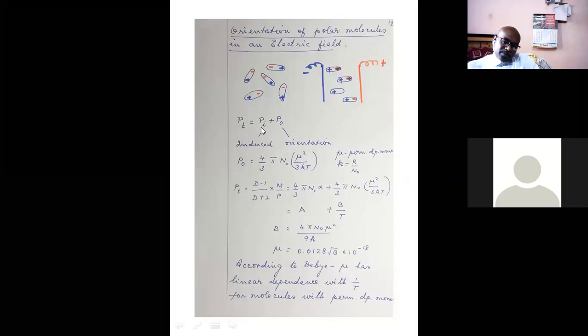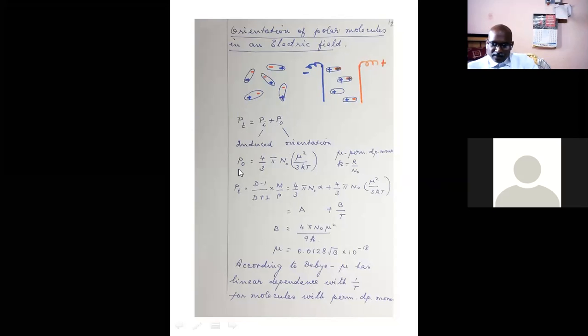So apart from a small induction, an orientational change is also observed in the presence of the electric field. So induced polarization plus orientation polarization is equal to the total polarization.